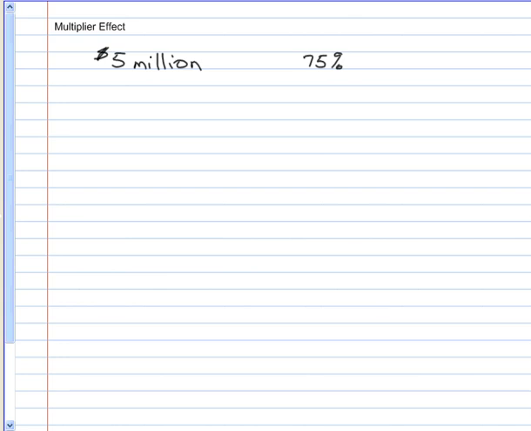Again, if I spend 75% of it, well, that goes back into the economy again, of which other people that becomes income for, they will spend 75% and save 25%, and it keeps getting repeated.